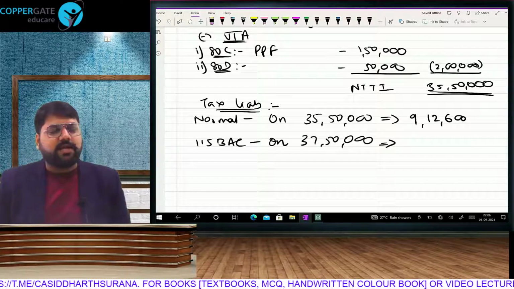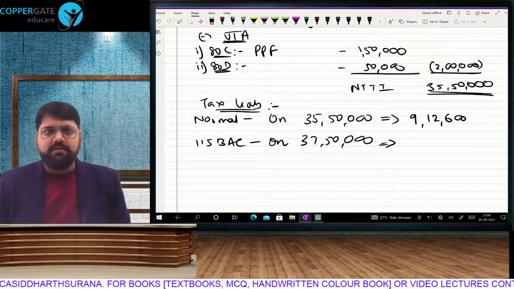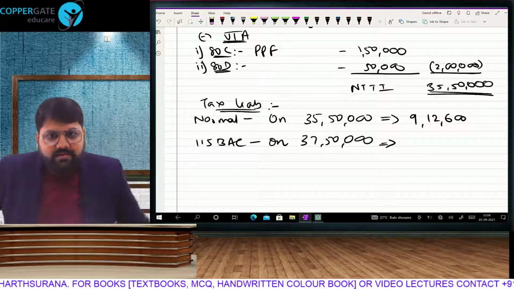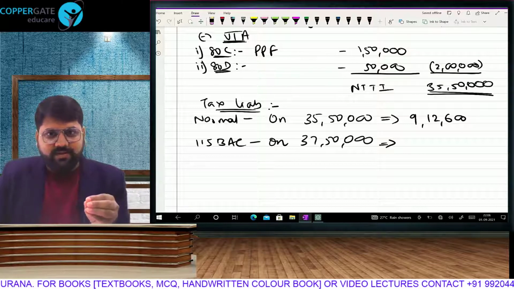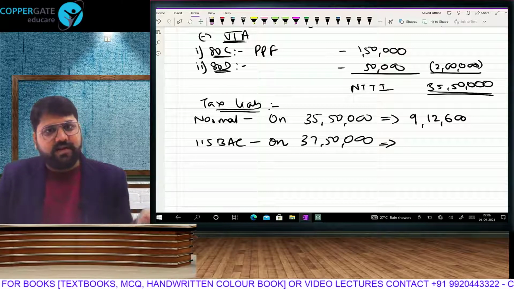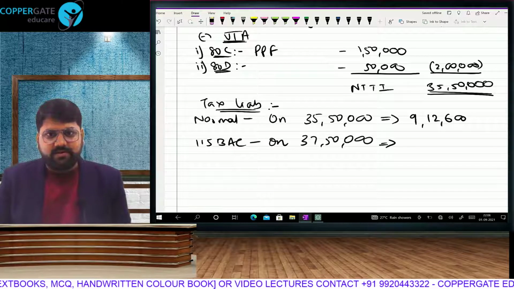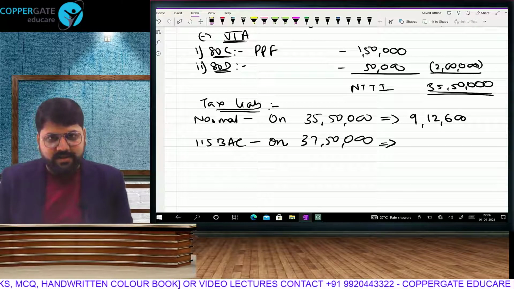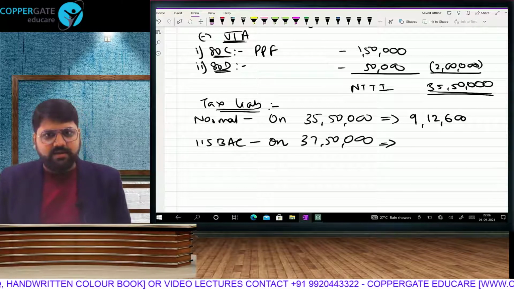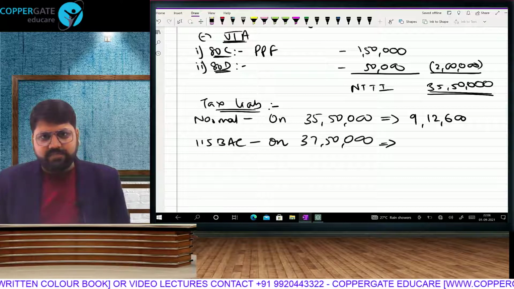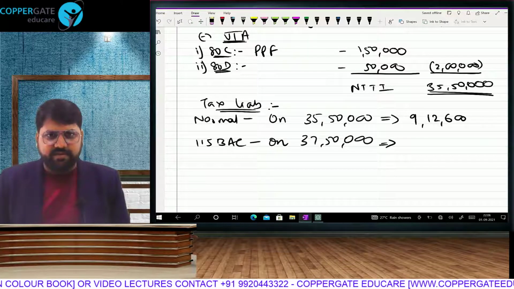Some are like, sir, stepfather. Bhai, you can think anything that way. Anything is possible that way. If you want to think that it can be a stepfather and Kalpesh can also be 60, that way you can do anything, no limit. But common sense says that Kalpesh has to be less than 60 years, and accordingly 1,12,500 plus 4%, 9,12,600. Everybody got it?